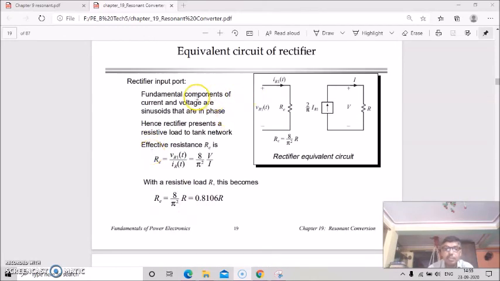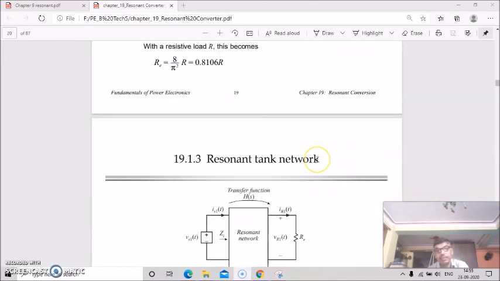Equivalent circuit of the rectifier: at the rectifier input port, the fundamental components of current and voltage are sinusoidal and in phase. Hence the rectifier presents a resistive load to the tank network. The effective resistance is equal to this voltage divided by this current, and this will be like this. So with a resistive load, this becomes this, and this is the rectifier equivalent circuit.